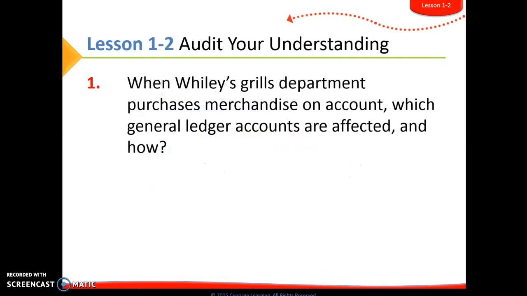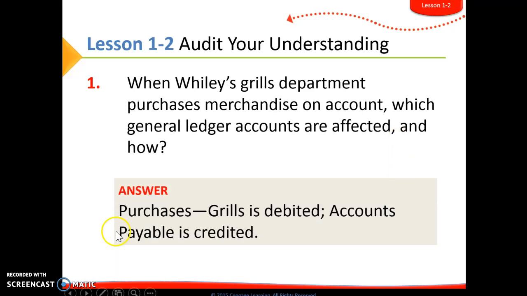All right, number 1, when Wiley's Grills department purchases merchandise on account, which general ledger accounts are affected and how? So that means our purchases hyphen grills is going to be debited, and then our accounts payable will be credited.